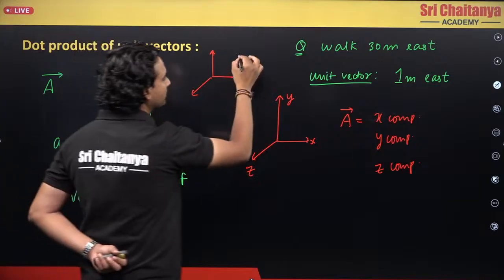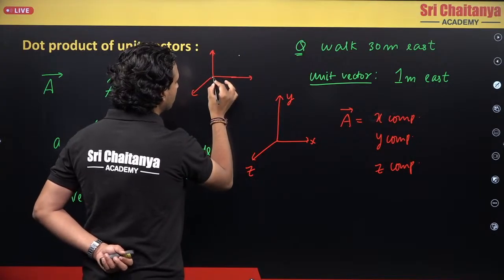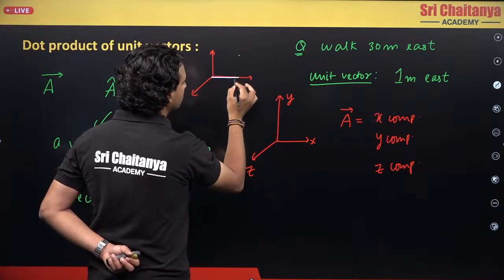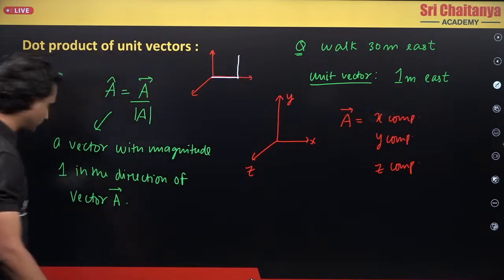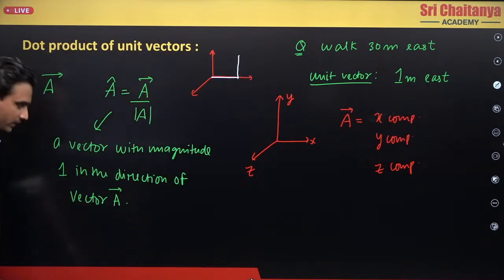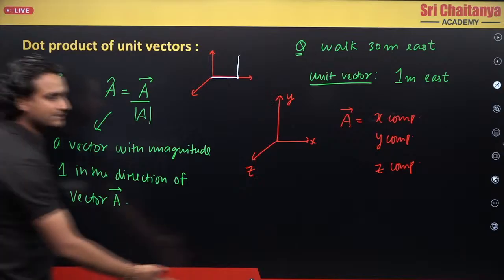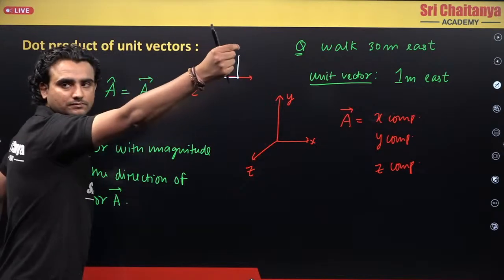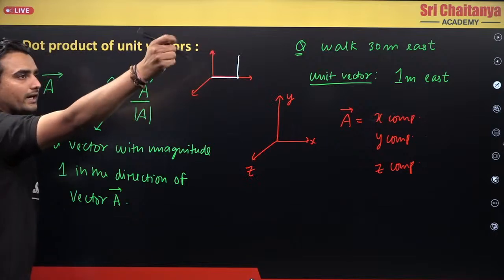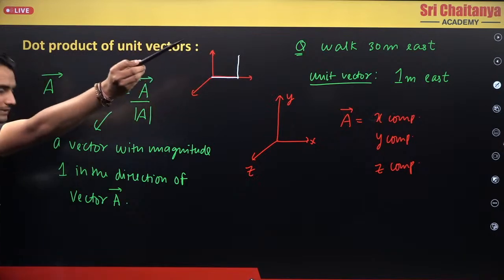What are the ways I can reach? I will first walk along the x axis, then I will walk along the y axis. Let's suppose this is the origin: I will walk in the x axis and then in the y axis. But let's say some point is here, at this point, then how will I reach? Okay, so let's understand.